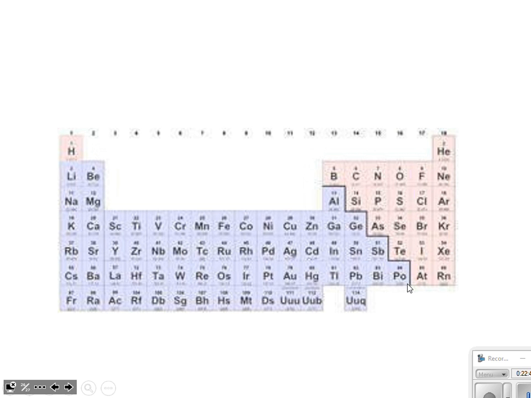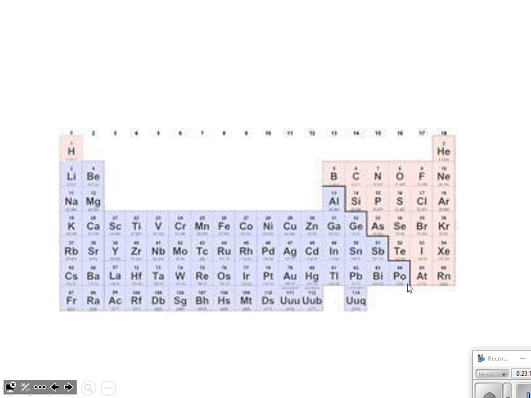Now, the way that I remember what my metalloids are, because metals are on one side of the stair step, nonmetals are on the other side, the metalloids are on the actual steps. So if I look right here at tellurium, see how tellurium is touching that step.